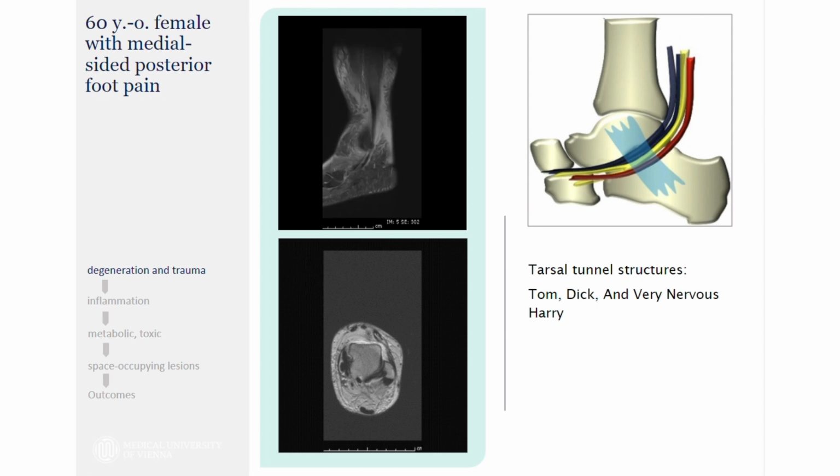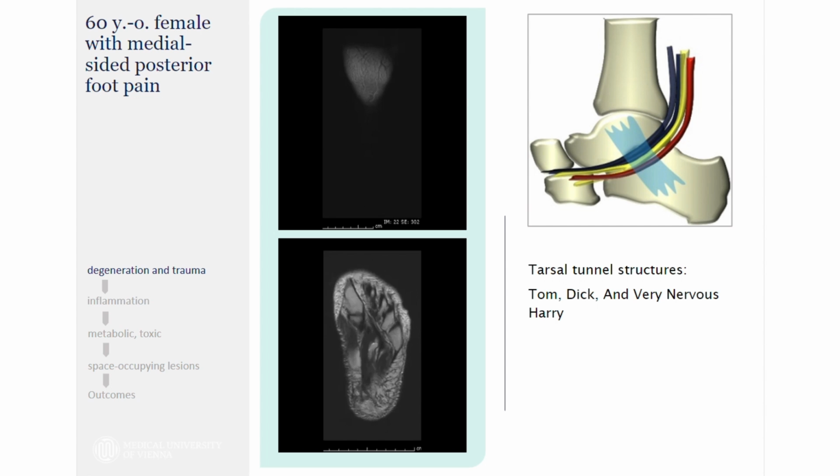Let's move to another tendon. That's a 60-year-old female with medial posterior foot pain. And what you see here is a tendinosis of the tibialis posterior tendon. The tibialis posterior tendon is the most relevant tendon in the tarsal tunnel.